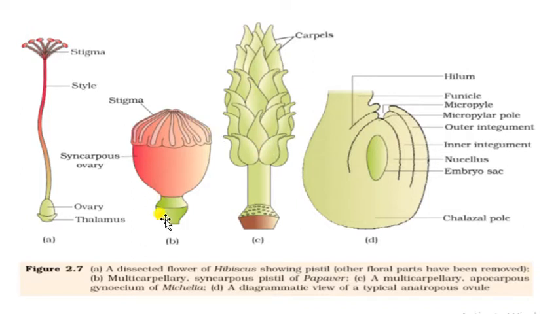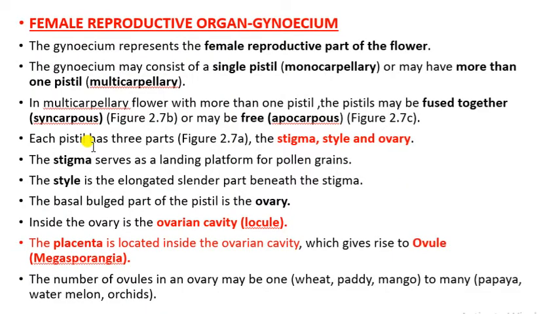In diagram B, the pistils are fused together, that's why it is syncarpous; the example is Papaver. In diagram C, the pistils are free, not fused with each other. You can see all the carpels are different from each other and well segregated. That's why it is known as the apocarpous gynoecium of Michelia. So that's how a multicarpellary flower is further divided into syncarpous and apocarpous.